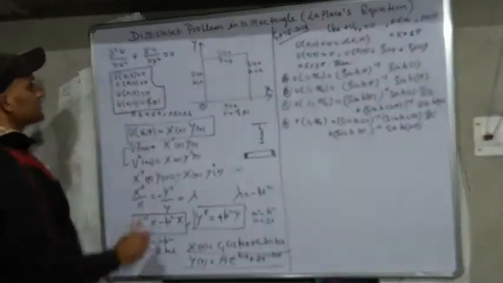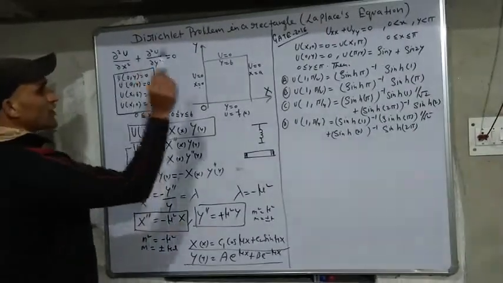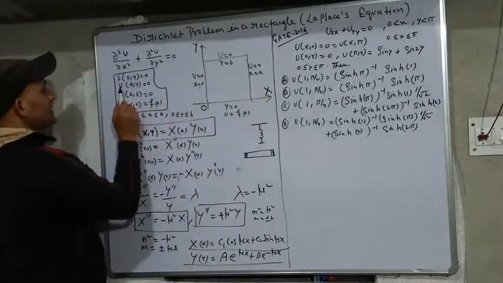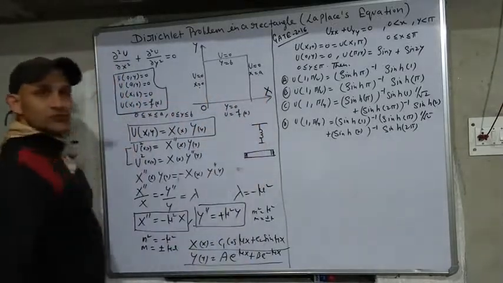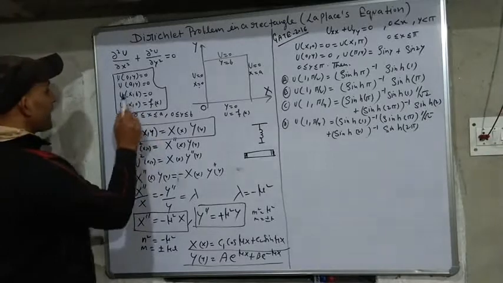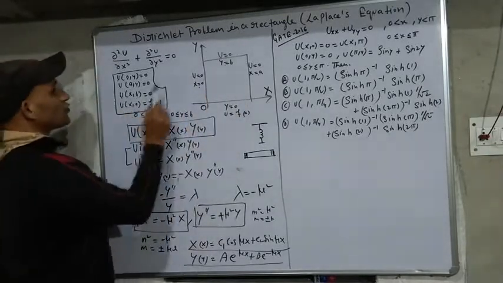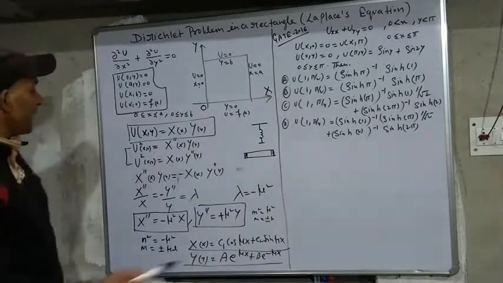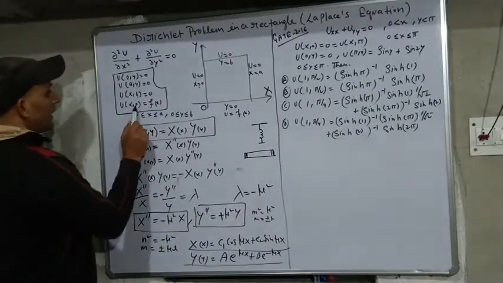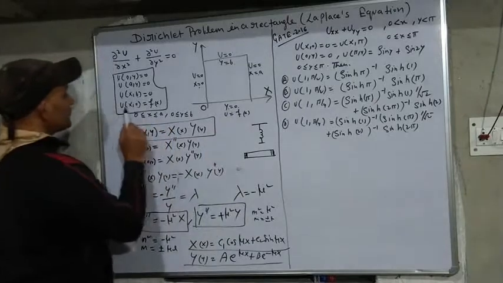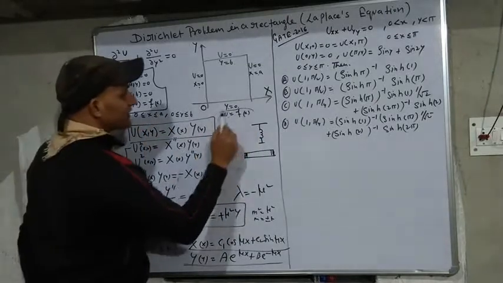This is the meaning of this. When x is equal to a, then u is equal to 0. This is the meaning of this. Now when y is equal to b, then u is equal to 0. And at last, when y is equal to 0, then u is equal to f(x), that is the function.